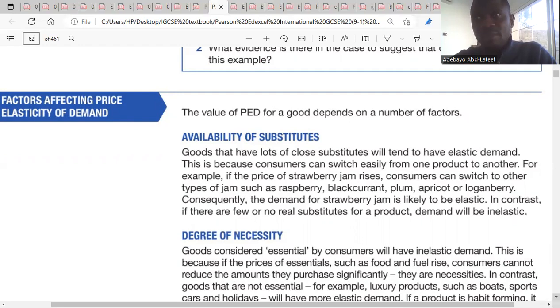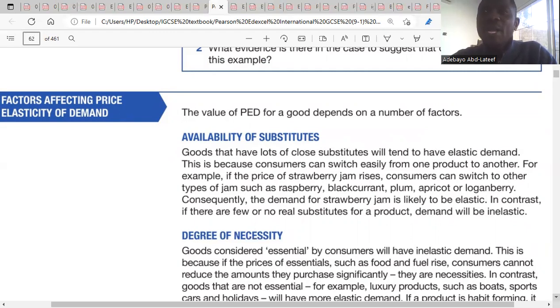Do you get the point here? If goods have more substitutes, if the price changes, the quantity demanded will definitely change because consumers can switch from one product to another because of the price. If the price of iPhone is expensive, consumers might choose to start buying Samsung or Motorola or whatever it is.